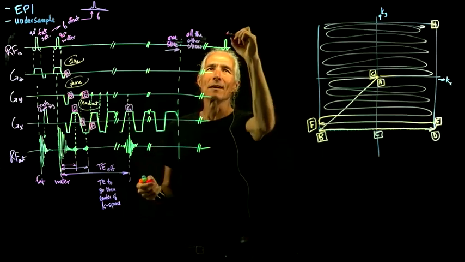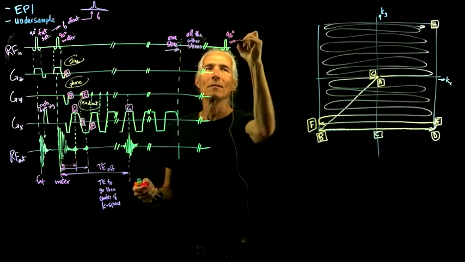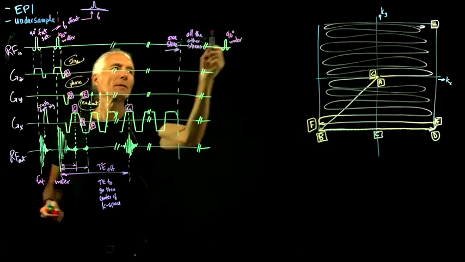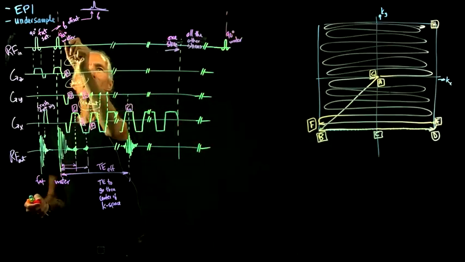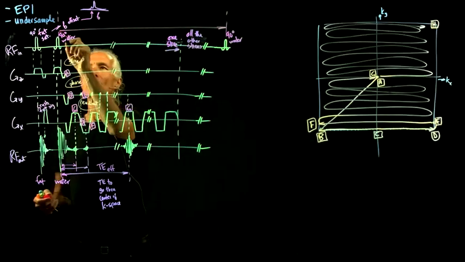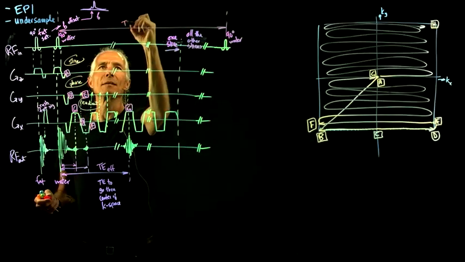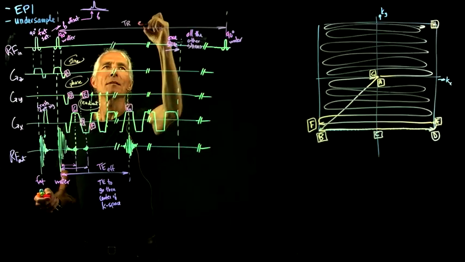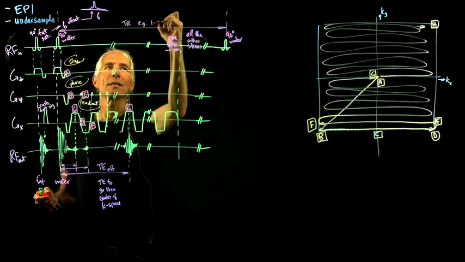That's the TR, 90 degree water. So our TR is this time here, from here to here. And our TR might be, for example, 1 to 2 seconds.